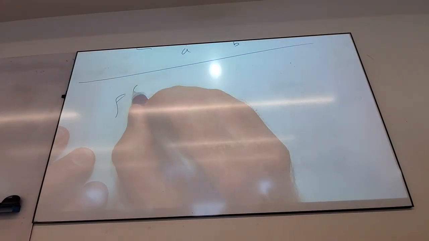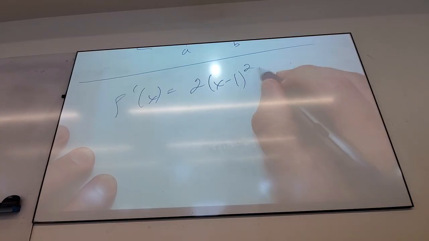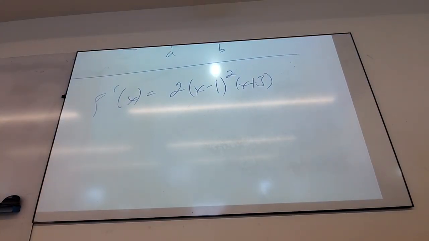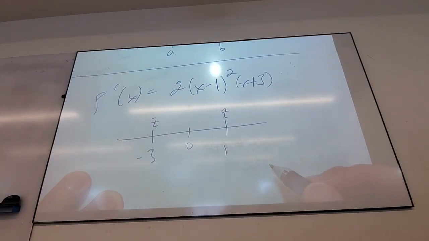Let's say I get f prime is (2x minus 1) squared times (x plus 3), yes? Let's see, that's my f prime, yes? What are my zeros? 1, and negative 3. When I plug like a 0 in, my result is going to tell me the slope there.